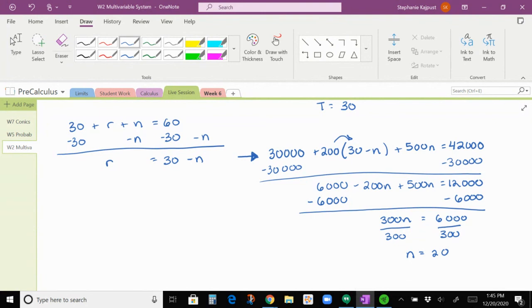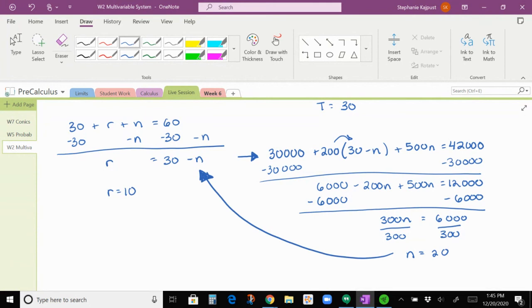So now we know that there are 20 newspaper ads. And then from here, we can just plug it back into the equation that I solved for R, and we get R is equal to 10, because 30 minus 20 gives you 10.